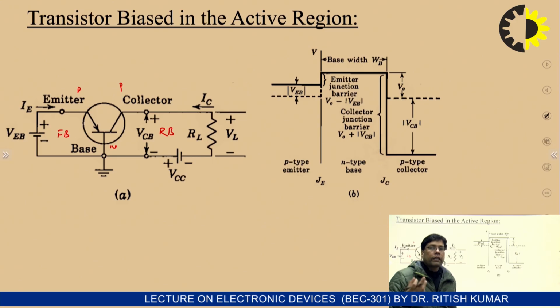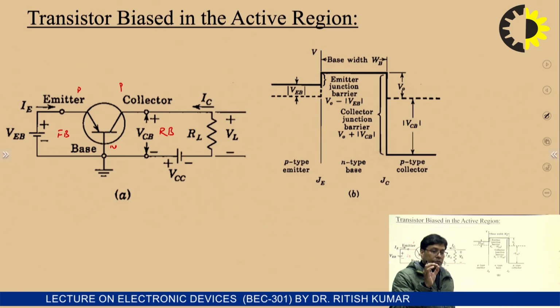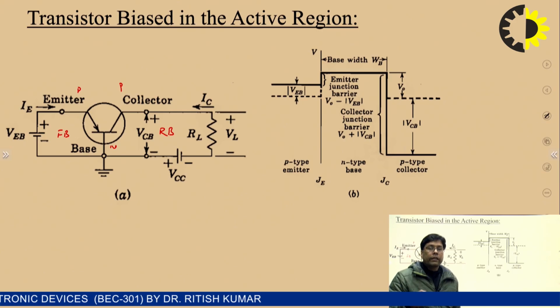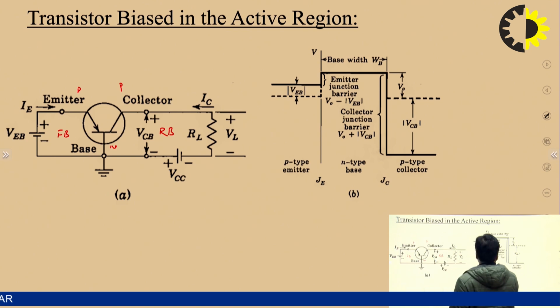Similarly, if we connect the junction in reverse bias, then the depletion layer widens, and the contact potential barrier height will increase by the amount of the reverse bias voltage. Similarly, we have the case of the emitter junction.